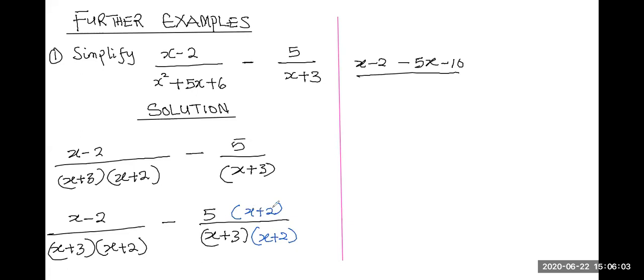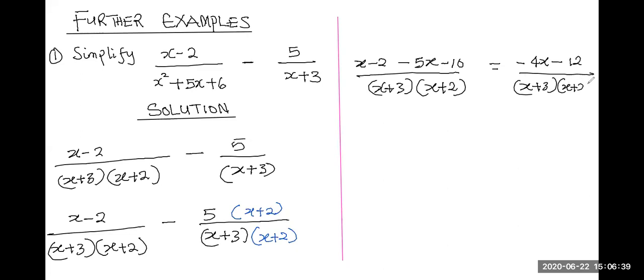Let your minus affect everything, because here the minus is subtracting the entire fraction. All over the denominator, (x plus 3)(x plus 2), since they are not the same. Now collect like terms: x minus 5x gives minus 4x, minus 12, over the common denominator (x plus 3)(x plus 2).